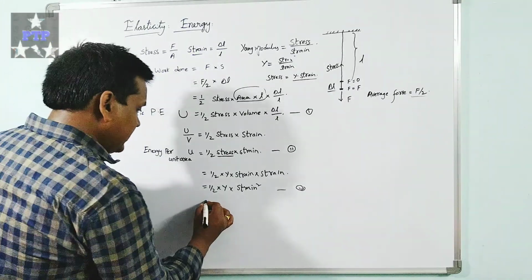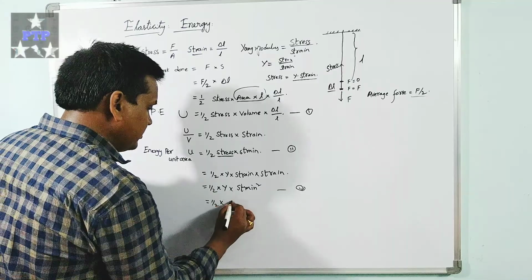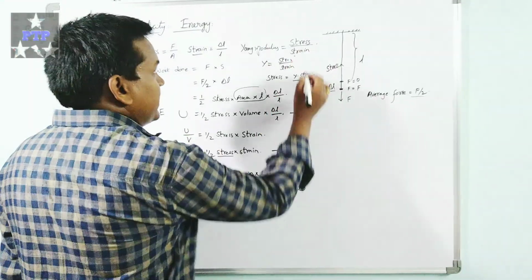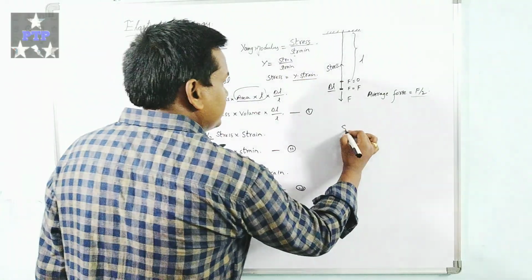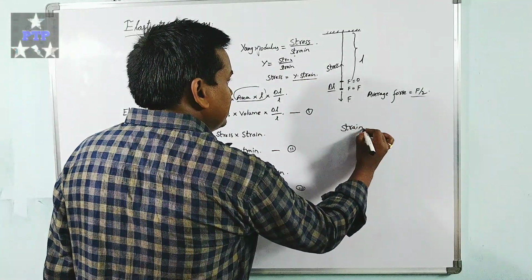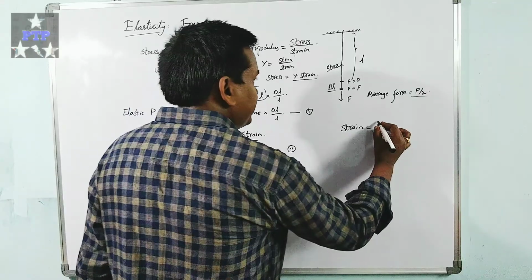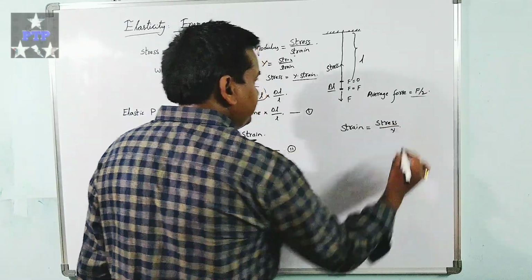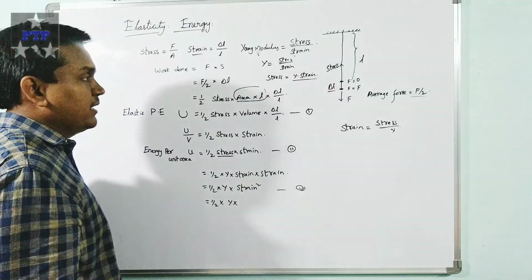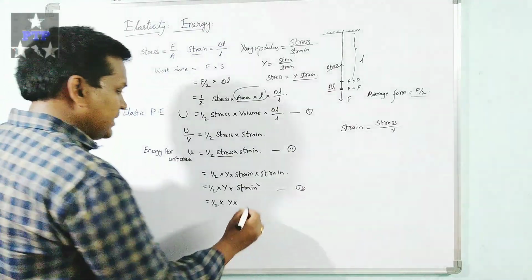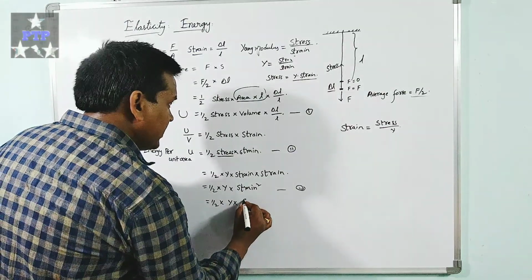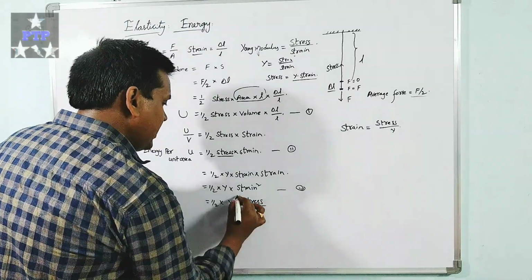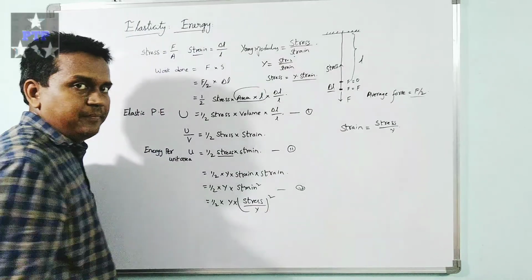Now consider half into Y into strain, where strain equals stress upon Y. So this strain can be written as stress upon Y, whole square.